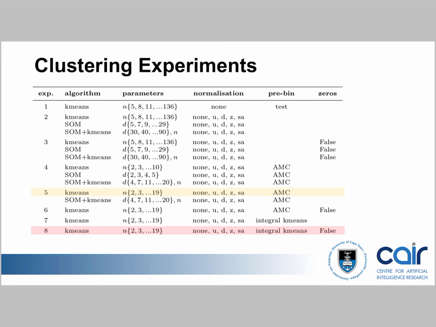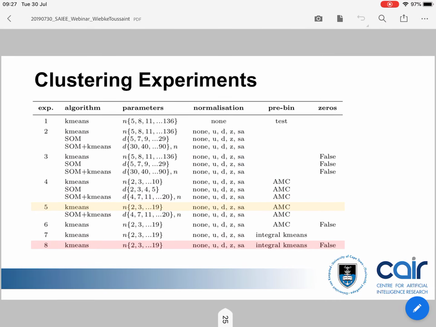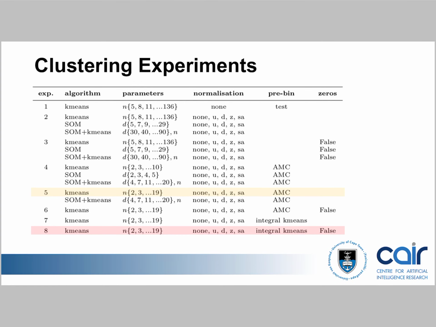Then we tested two different forms of pre-binning, the average monthly consumption and the integral kmeans. And finally, we removed zero values from some of the experiments, but not from others.